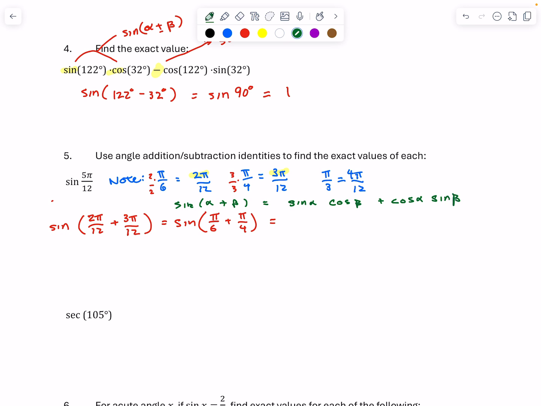So we just stuff in the appropriate numbers. Okay, sine of pi over 6 is 1/2. At pi over 4, both numbers are root 2 over 2. The other number that goes with 1/2 is root 3 over 2.